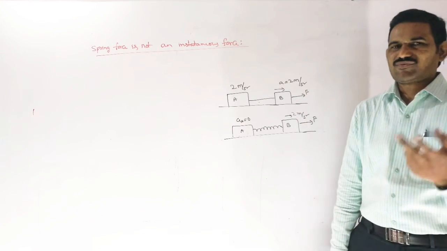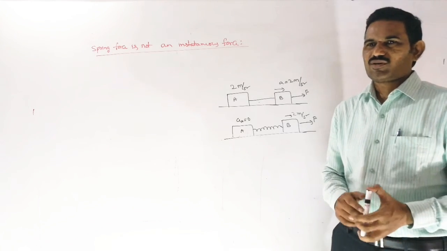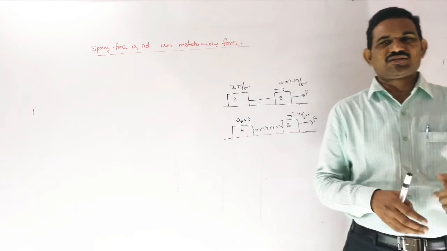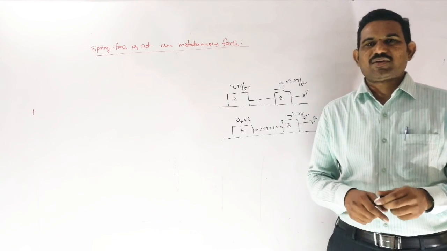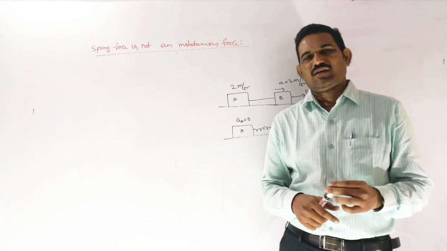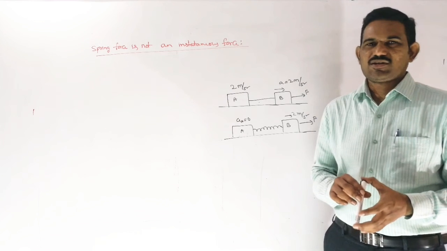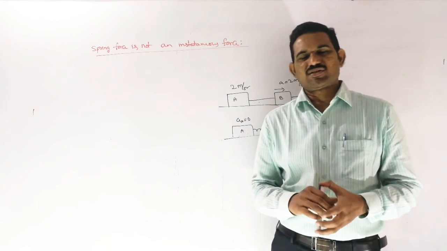So if such sudden changes are done, then spring force does not change, right? So mention that whenever we are doing some sudden changes in the system, then spring force does not change immediately.